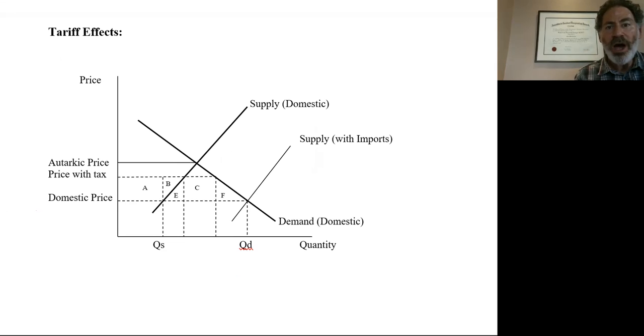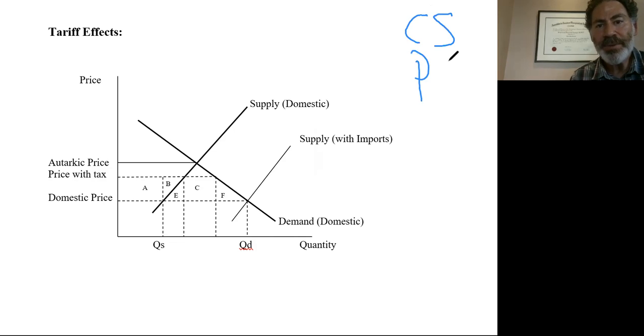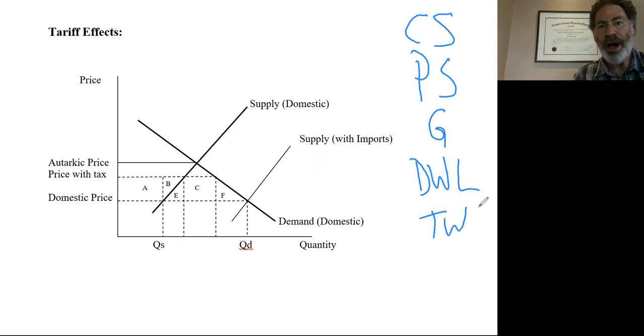Down the side here, we've got to keep our eye on the consumer surplus, that's CS, the producer surplus, PS, the government revenues, I'm just going to say G, and the deadweight loss, which I'll talk about, and then the effects on total welfare, TW, national welfare.